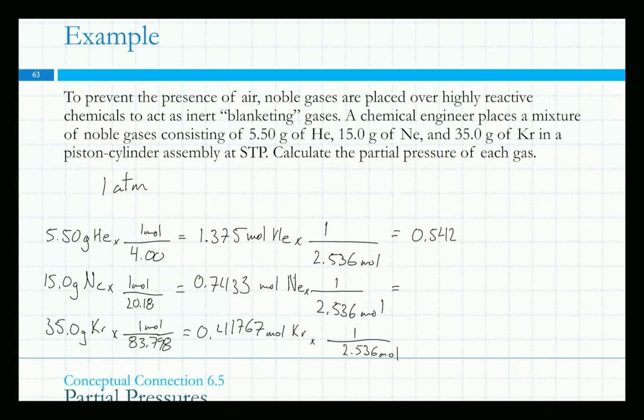So is the mole fraction going to be the partial pressure, because it's not 1 atm? So the mole fraction, because we're at 1 atmosphere, all of my mole fractions, once I calculate them all, should add up to 1. That's the total moles. Yeah, so adding these moles together should be 2.536.